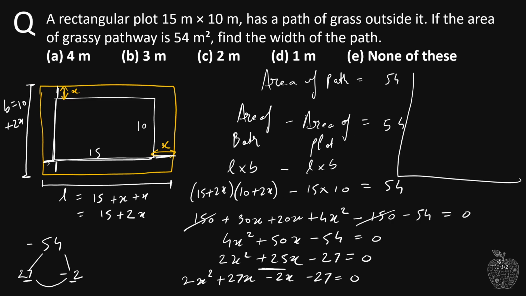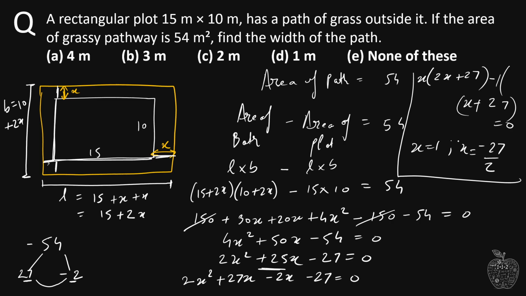Let's take x common, so we get x common and 2x plus 27, and from this we take minus 1 common, and we get x minus 1 into 2x plus 27 is equal to 0. Now here we have x is equal to 1 or x is equal to minus 27 by 2.